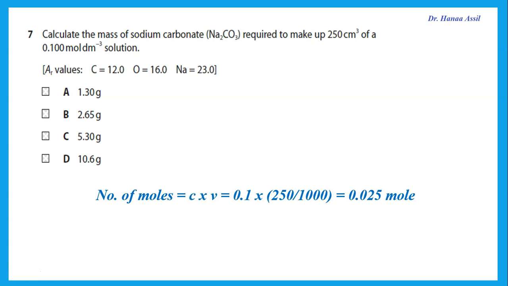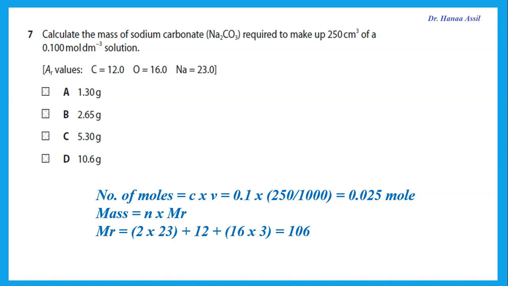This gives the number of moles. Now to get the mass is number of moles times the MR of sodium carbonate. MR is just the total of all the masses. So I have 2 sodium, 1 carbon, 3 oxygen. So the MR is 106, and the mass would be the number of moles times the MR. So that is 2.65 grams.